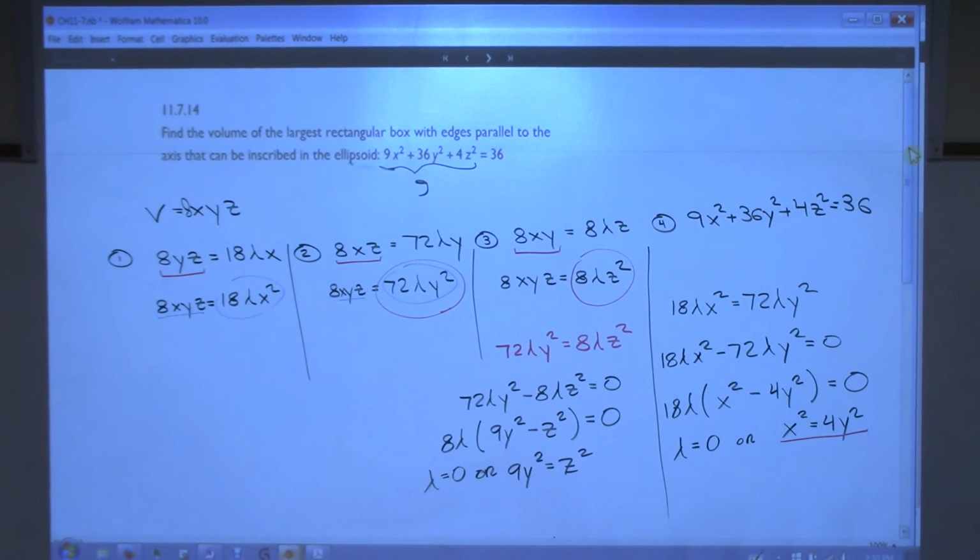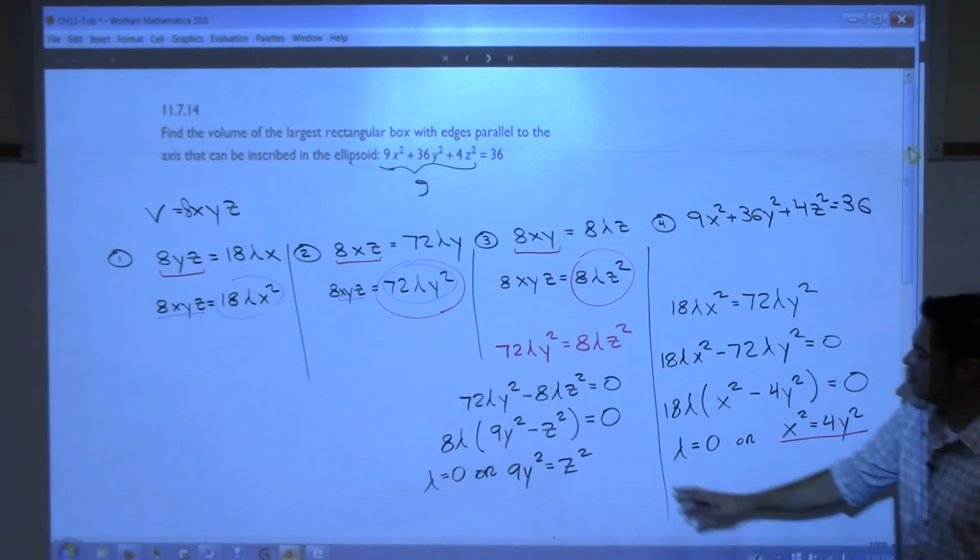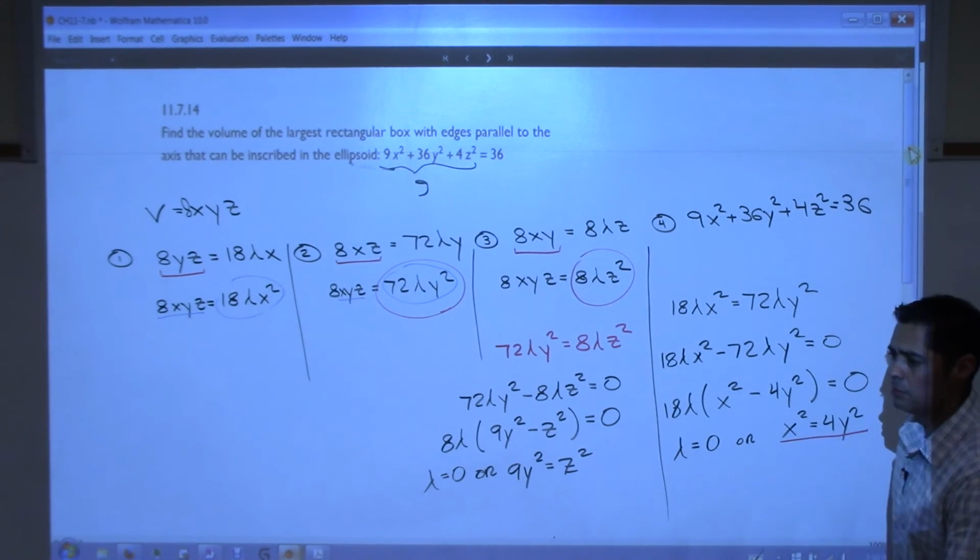Okay, let's write equation 4 down. We're going to let x squared be 4y squared and z squared be 9y squared.